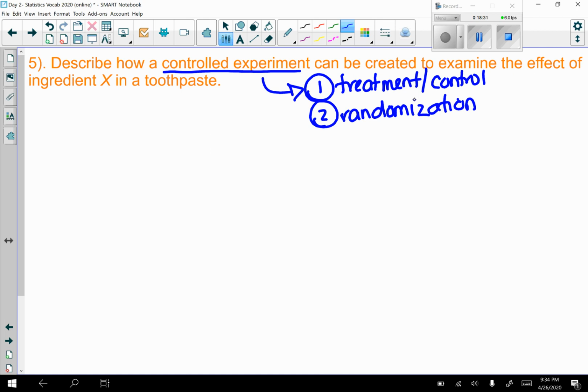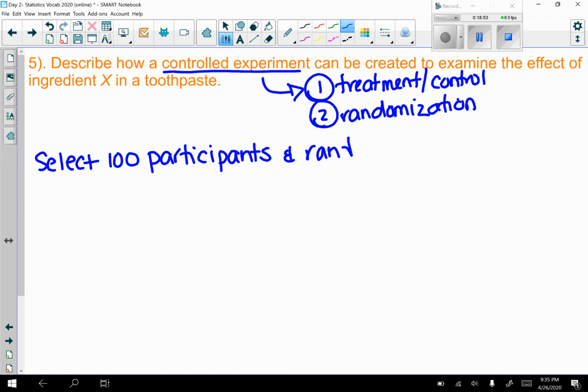You don't have to. You could just say sample a certain population and divide them into groups, but I'm going to be specific. So I'm going to say select 100 participants and randomly assign them to 2 groups of 50.